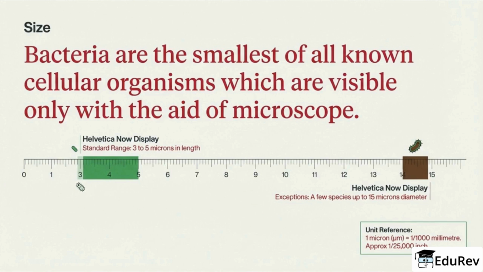Typical bacterial cells range from about half a micron to a few microns long. Many fall in the 0.5 to 5 micrometer range, although a few species can reach up to around 15 micrometers. For scale, 1 micron is 1,000th of a millimeter, roughly 1/25,000th of an inch.